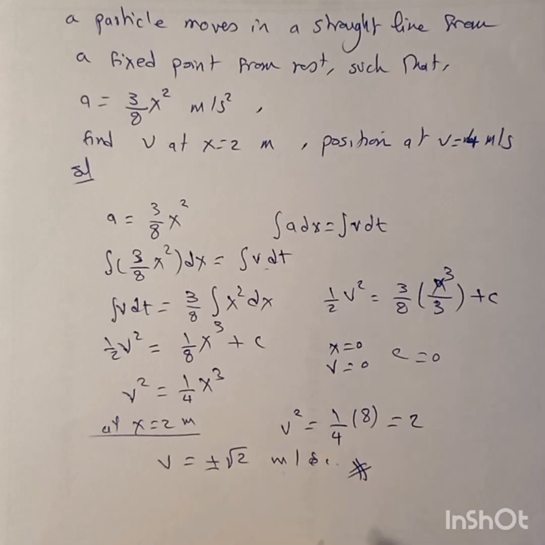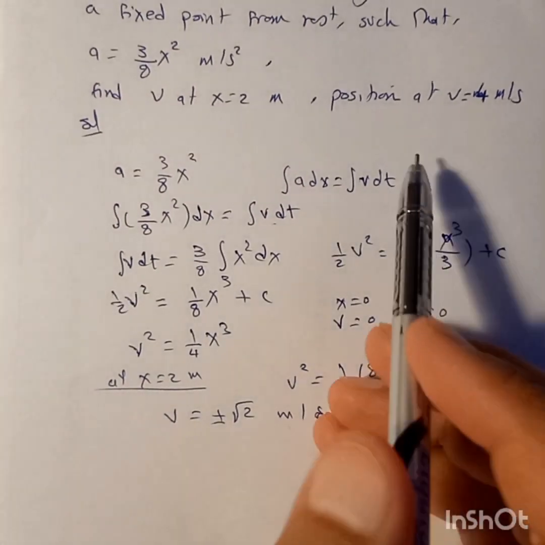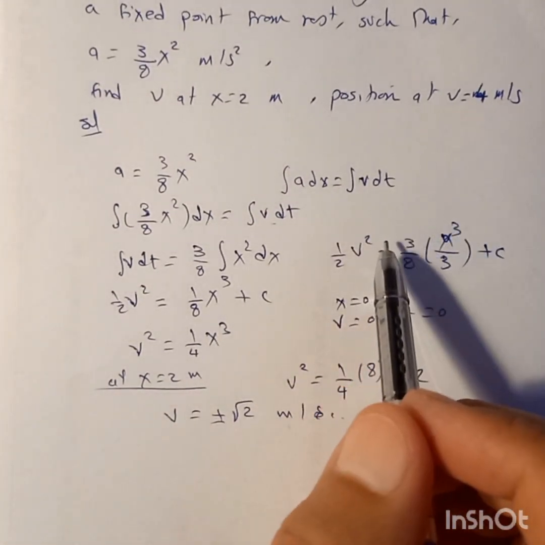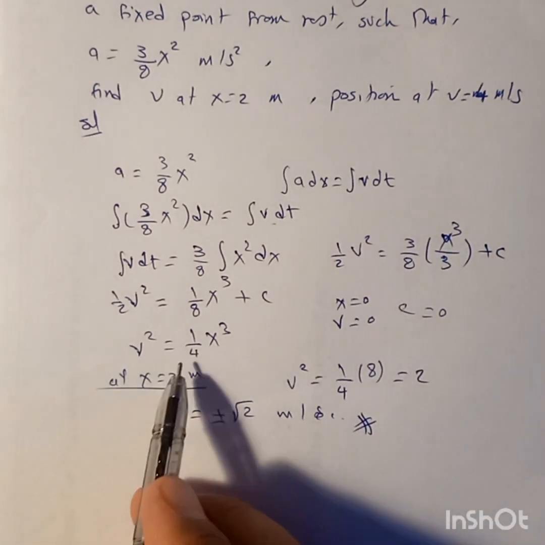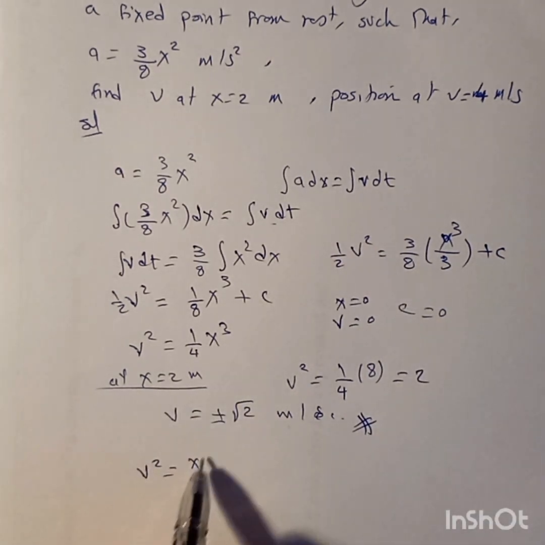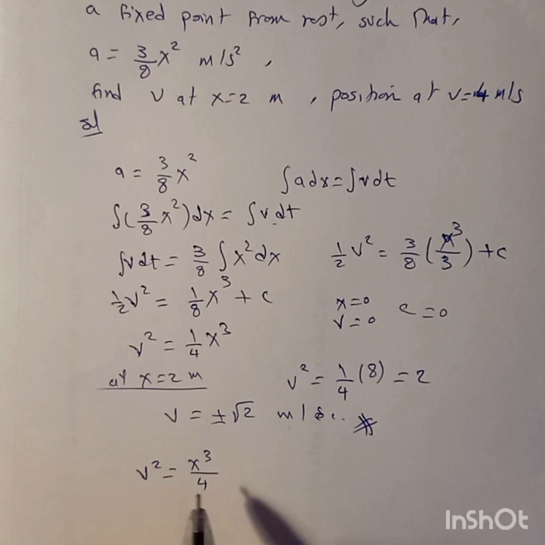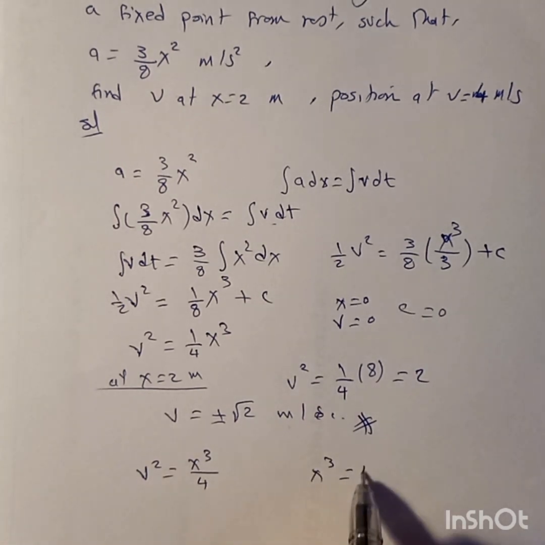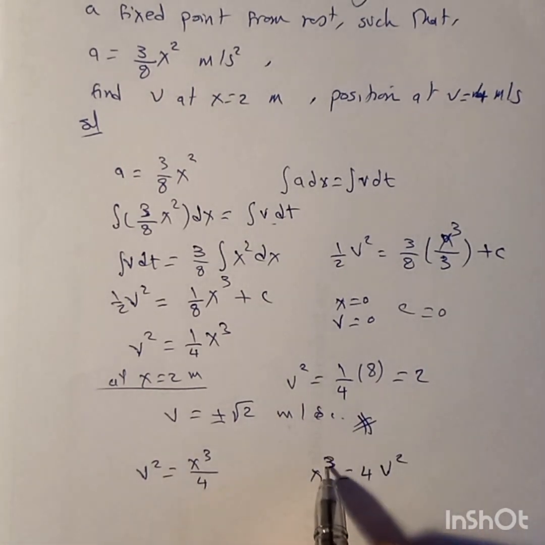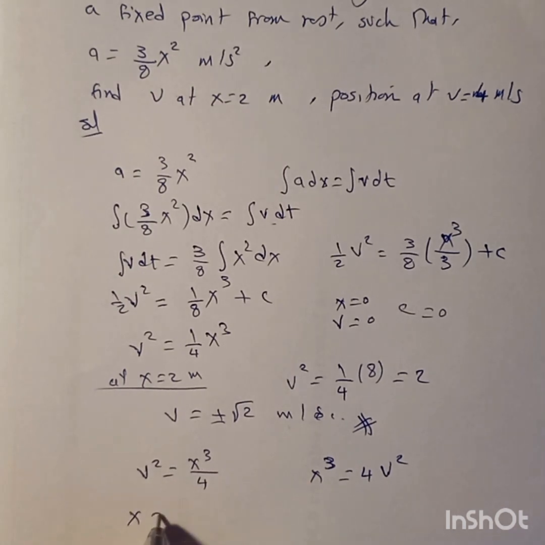This is the first part. It's required to find the position at v equals 4 meters per second. As we have v squared equals x cubed over 4, then x cubed equals 4v squared, then x equals the cube root of 4v squared.